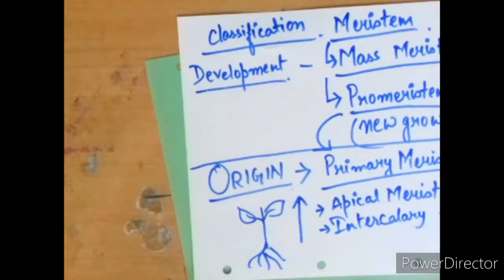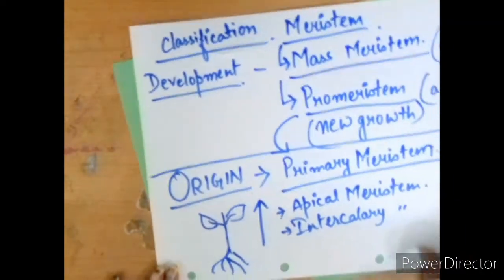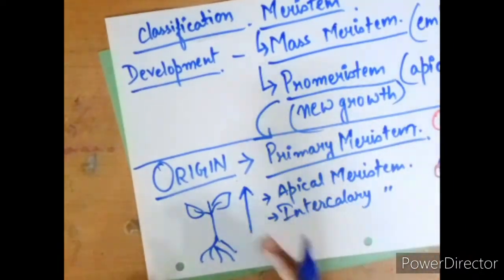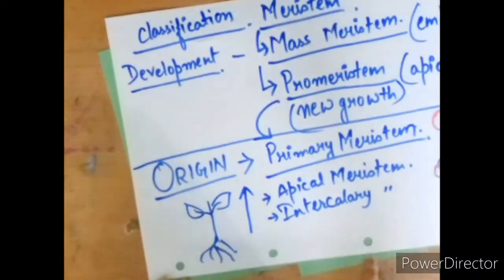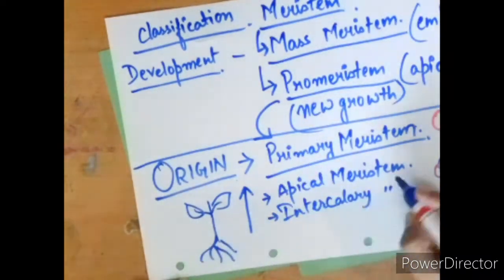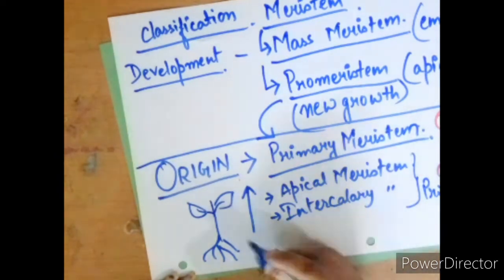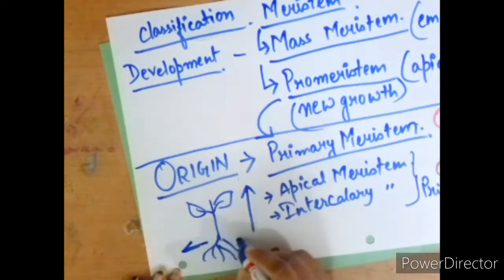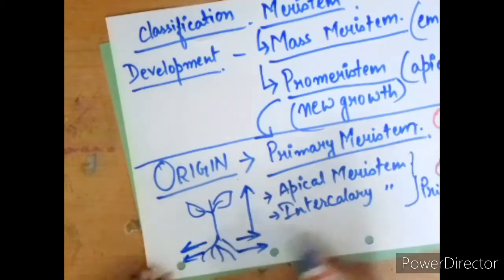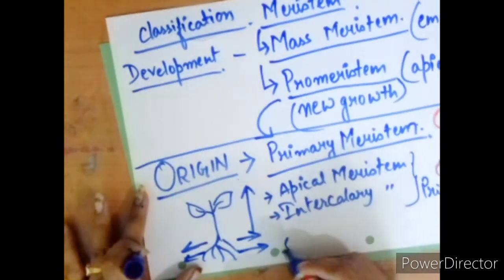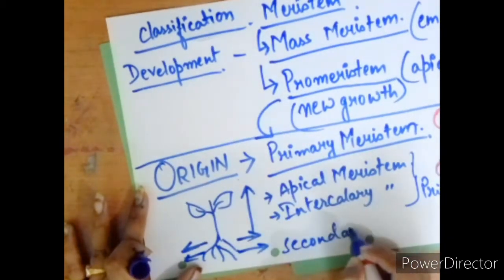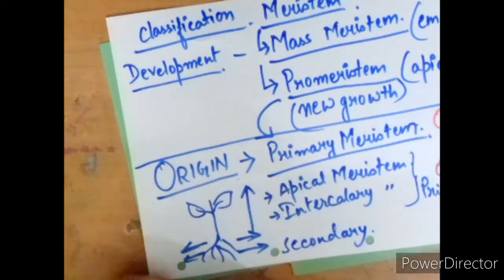What apical and intercalary meristem do is help in the lengthwise growth, and it is known as primary growth. Whereas if it increases its size in this side, that is in breadth, in width, it is known as secondary growth, and the responsible meristems are intravascular meristem and vascular cambium.